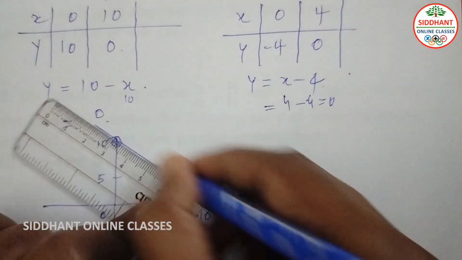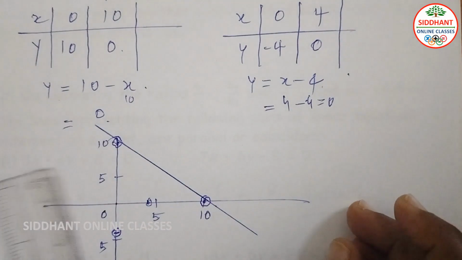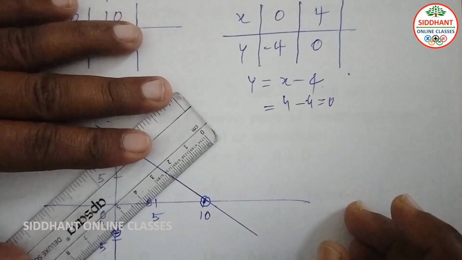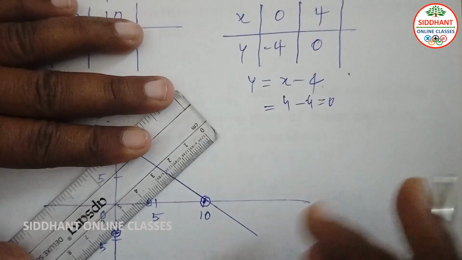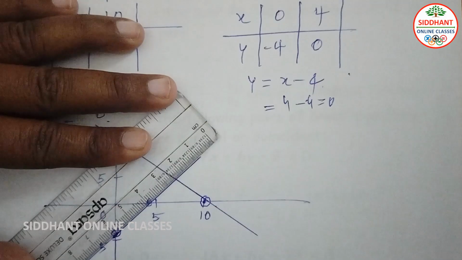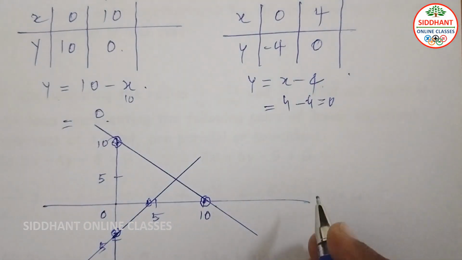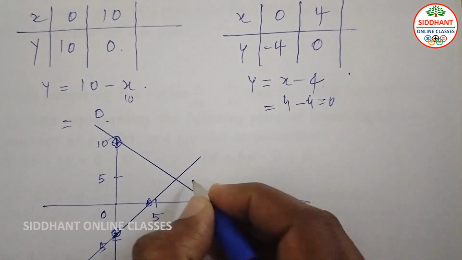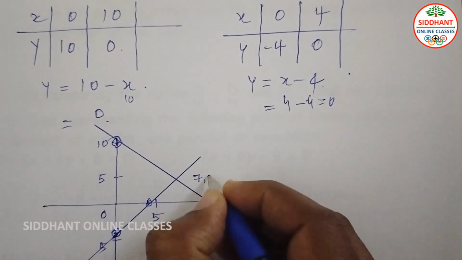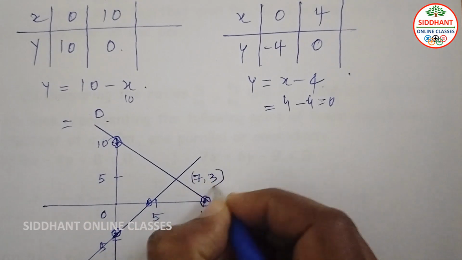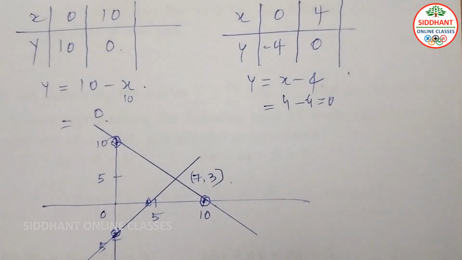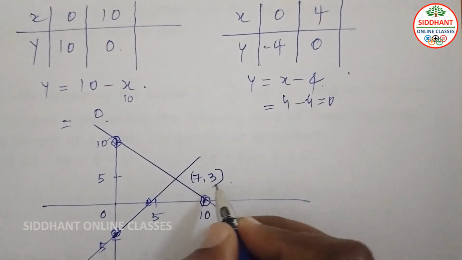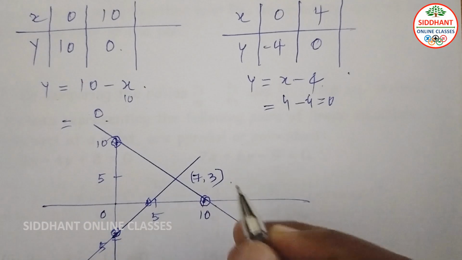When you join them in this way, you get the coordinates 7 and 3. So the X value is 7, the Y value is 3.